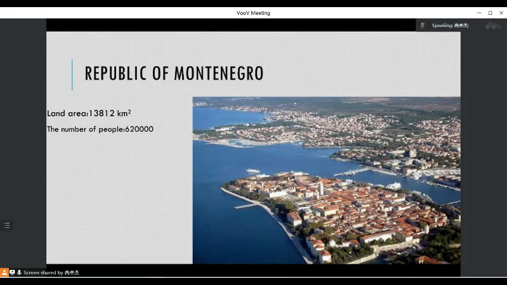The Republic of Montenegro is indeed one of the countries with a relatively small population in the world. Apart from the Republic of Montenegro, there is also the smallest country in the world.